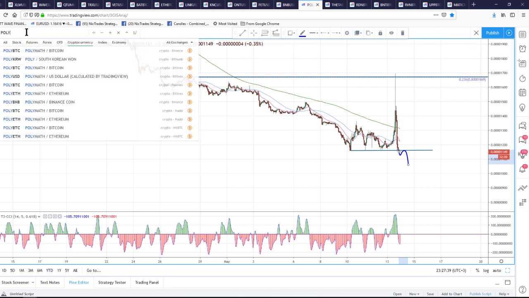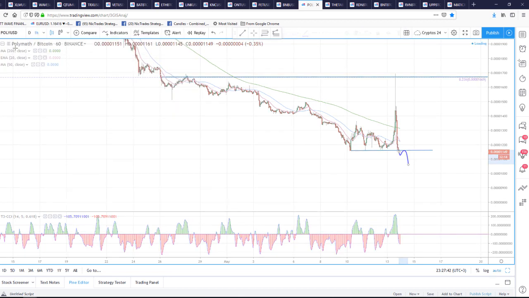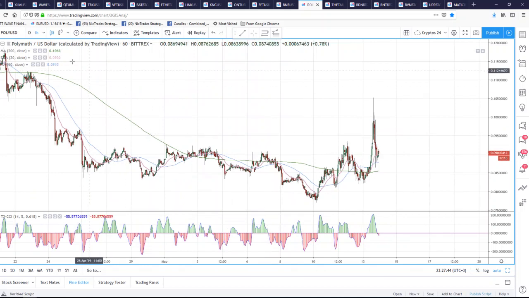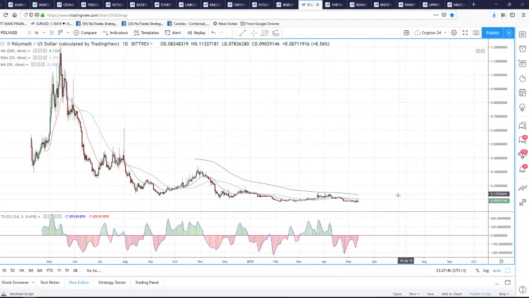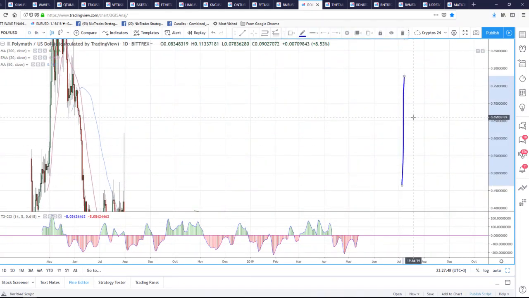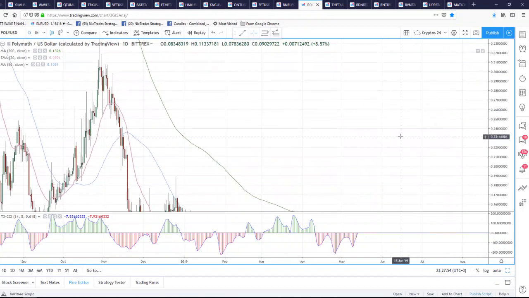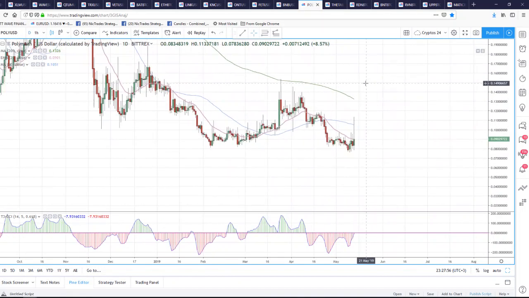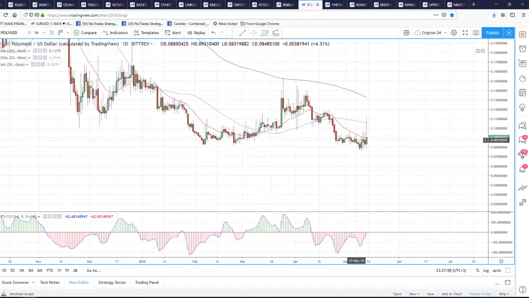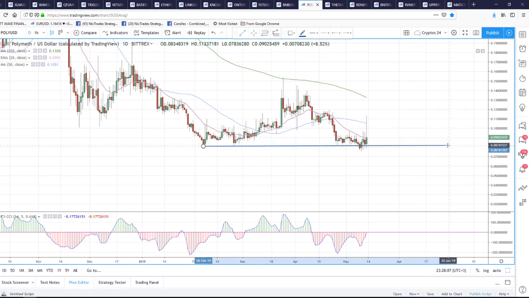Let's take a look at what today looked like against the dollar. Yikes, a really nice rally and then all the way back again. Against the US dollar, although we've got some bullish candles going on and it's a pretty good level, it's not quite enough to make us want to buy it even against the dollar yet, is it?